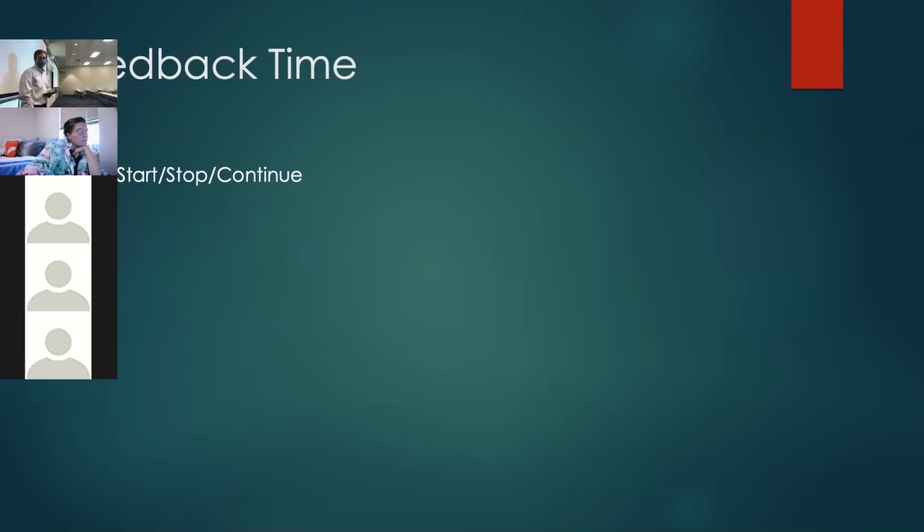Use this for the next few minutes to provide some feedback. Start is things that I'm not doing that you want me to start doing in class. Stop are things that I am doing that you want me to stop doing in class, and continue are things I am doing that you want me to continue doing.